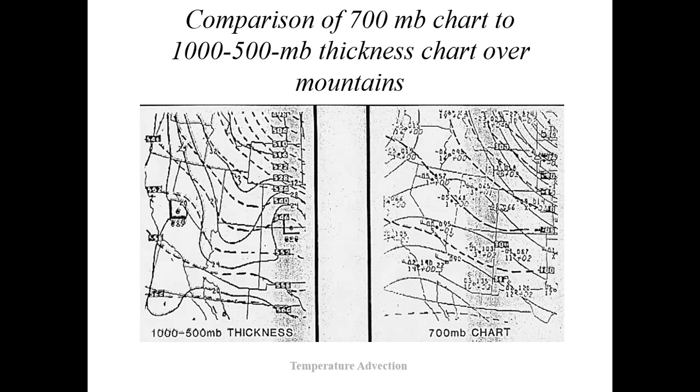So you have this lowering of the heights because of the mountains on the left-hand image, but on the right-hand image, if you used a 700 millibar chart, then you don't really see that. So the distortion's gone on the 700 millibar chart at 10,000 feet, because the 1,000 millibar on the left is going to be below the elevation of the mountains. So it's really not going to be very useful. So that's really what I'm trying to point out here.